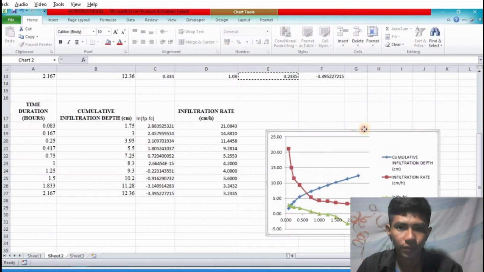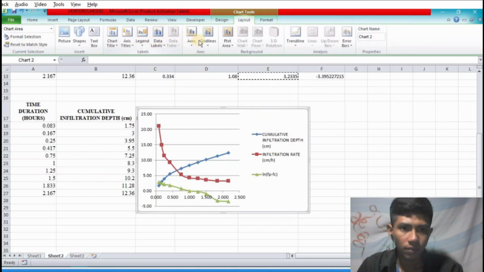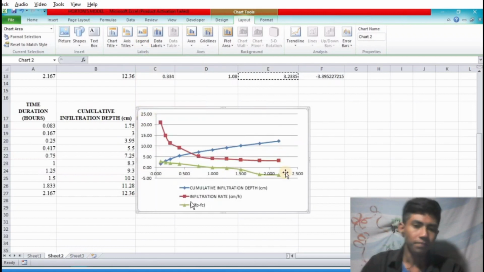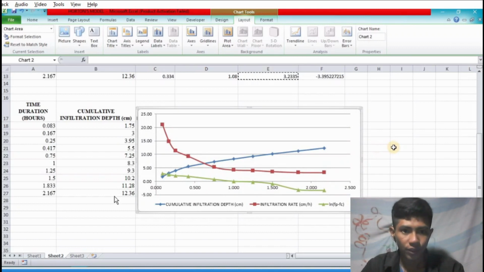Now, we have to put the legend on the bottom. Now, as you can see, it's almost the same as what we got in the first. It's the same as what we got using the macro program.